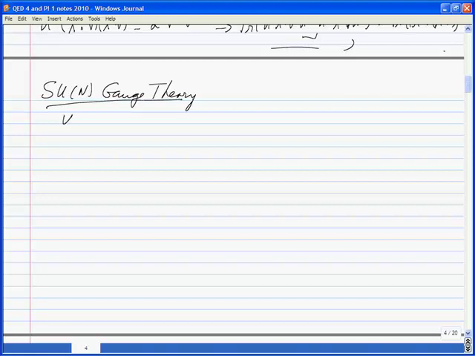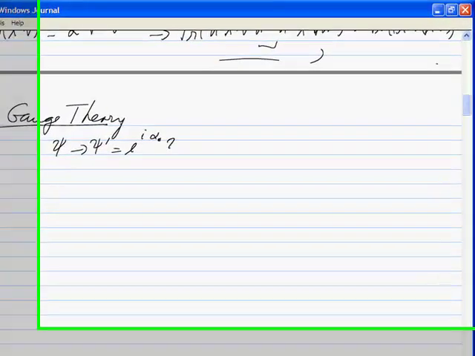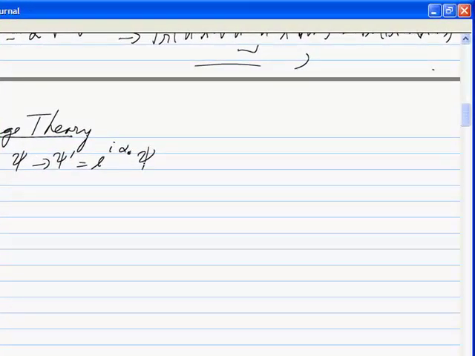Okay, so we did U(1), so here's the reminder on U(1). For U(1) we took ψ goes to ψ′, which is e^{iα₀}ψ. And that's a phase change, it's a unitary phase change.